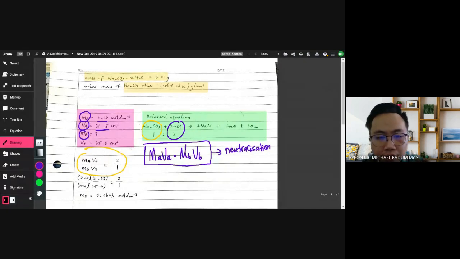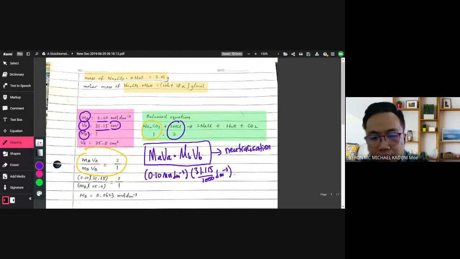Now, kalau kita masukkan information tu dalam sini, MA 0.10, and then VA 31.15. Remember, this one is centimeter cubic. Kita kena tukar dulu dia. 31.15 over 1,000.